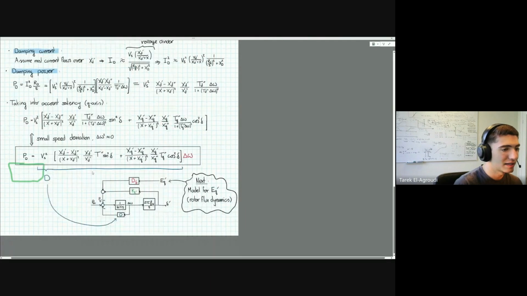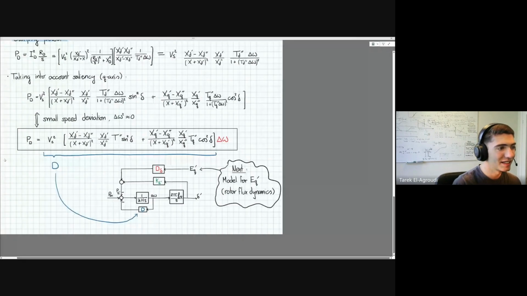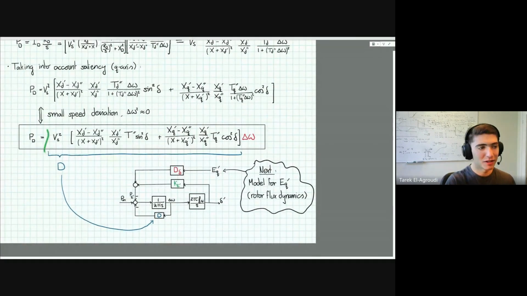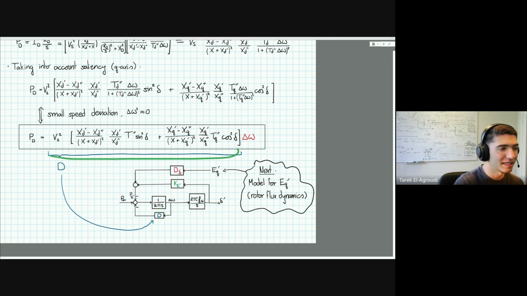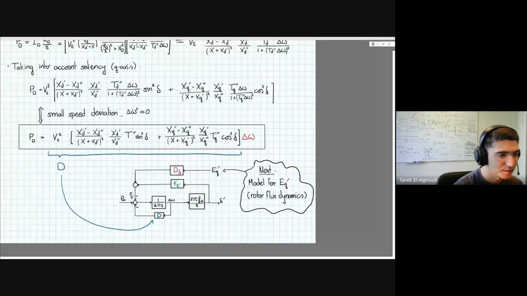You end up with this chunk of an equation. But basically the damping power due to the damper windings is something which can be evaluated for a certain operating point, and it's proportional to your speed deviation. And so this can be just put into the D here. So this equation is this damping constant. It's not the mechanical or friction, it's due to the damper windings.